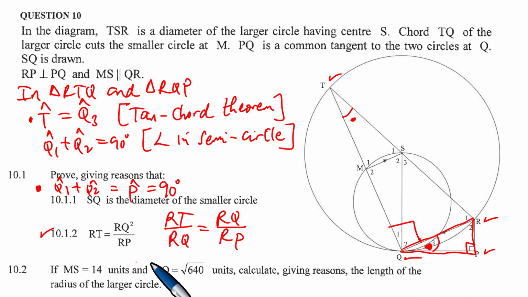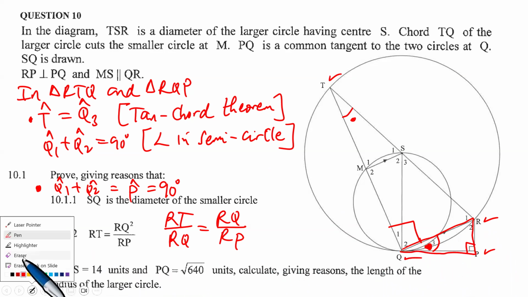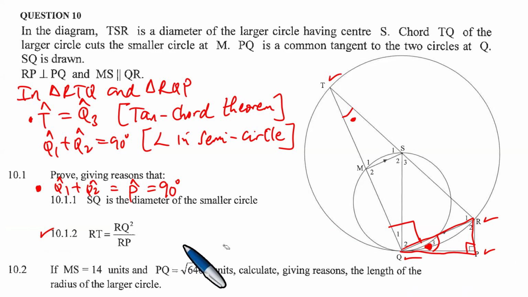Okay, so we continue. Third angle, the last one. But why is this the case? Therefore, Q1 plus Q2 is angle P, which equals 90 degrees over there.